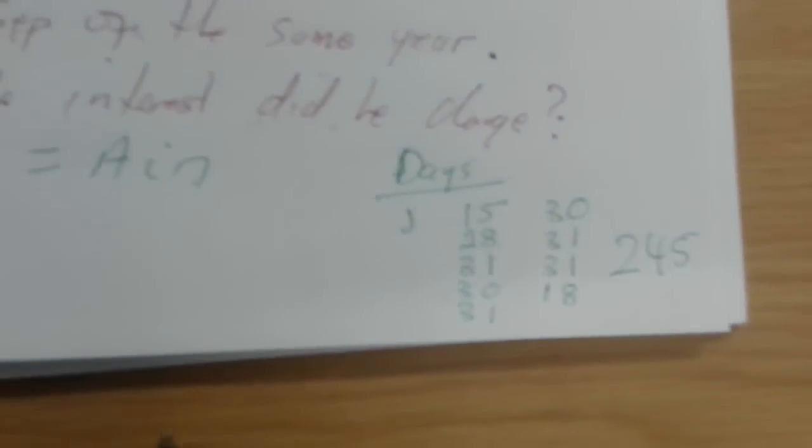Right, you see, so if I add all my days, I'm getting 245 days. So this is my N. But now remember, since it's days, we need to make this over 365, since we're looking for an annual rate.